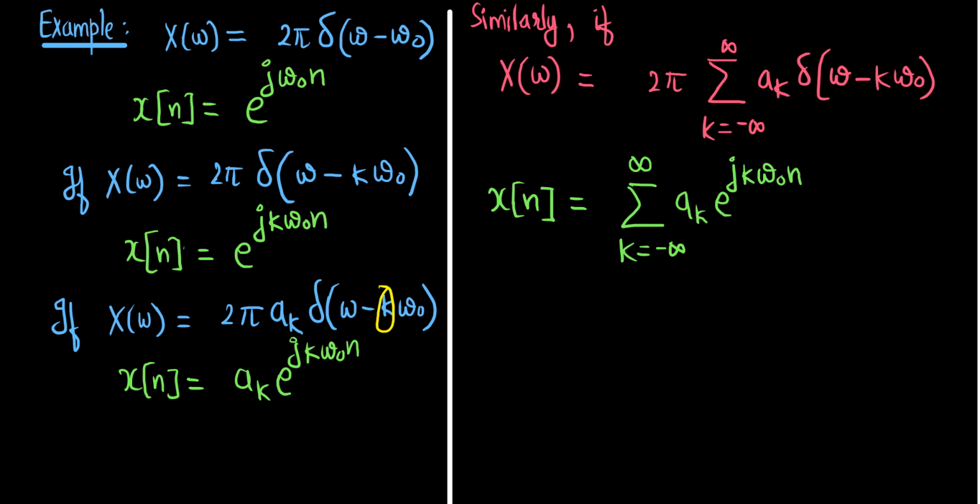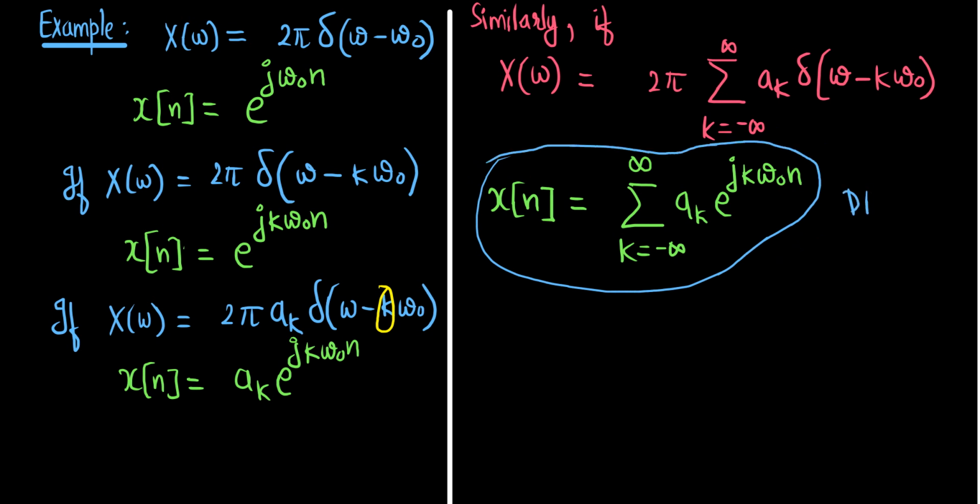So this expression that we have obtained just now is the expression that we have seen for the discrete time Fourier series. So this is the discrete time Fourier series representation, and we know this representation is meant for periodic signals, that is x of n.